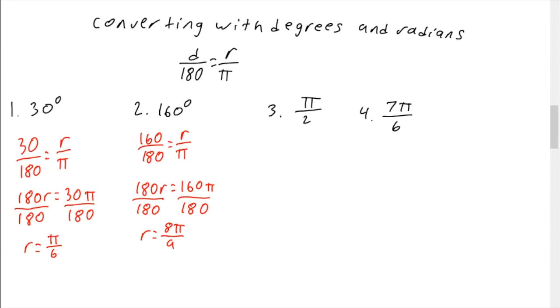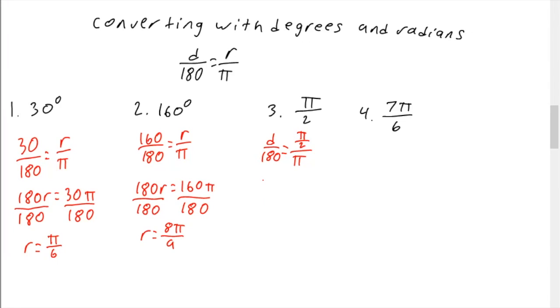Now let's convert radians to degrees. So this time we've got d over 180 is equal to pi over 2 over pi. And now we just cross multiply.